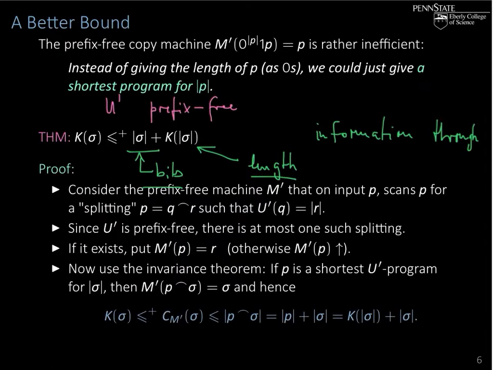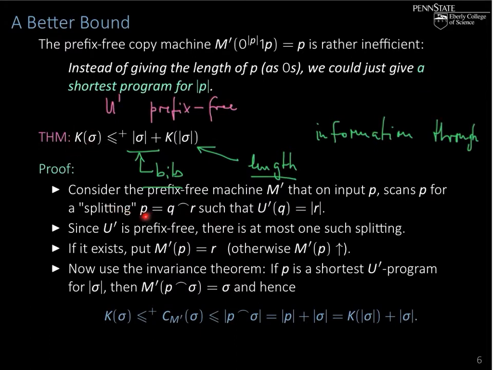So how do we prove this theorem now? Well, more or less as I already indicated, we consider the following prefix-free machine, M prime. On input P, this machine M prime scans the input for a possible splitting, a little bit like we had before when showing the subadditivity of the prefix-free complexity function.